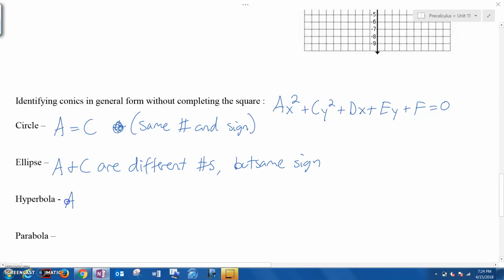Hyperbola, a and c can be the same or different. The key here is they are different signs. So a and c have different signs. They can be the same number or different numbers. They don't have to be the same.